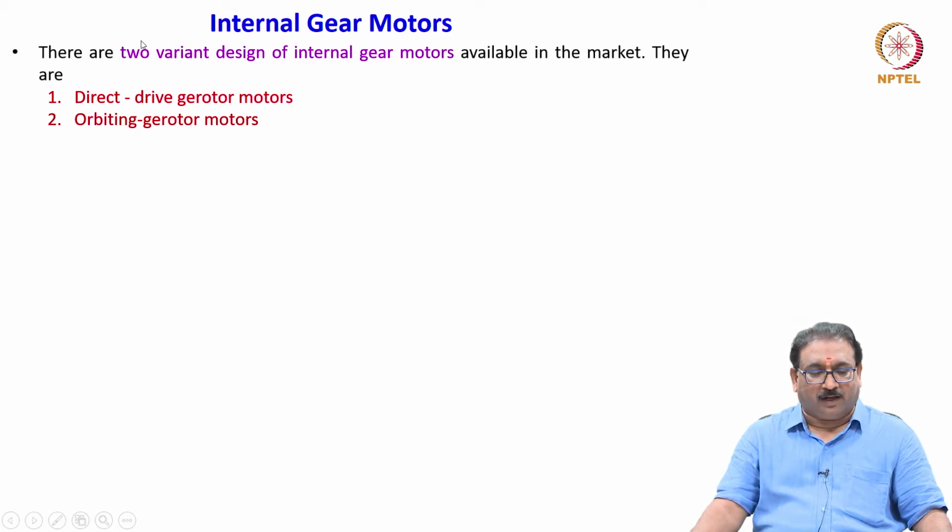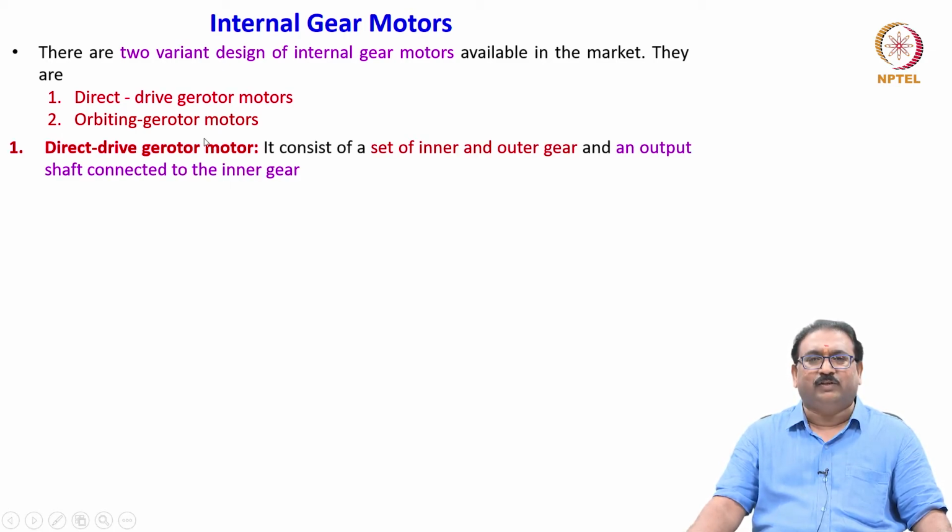Here also there are two variant designs of internal gear motors available commercially in the market. They are direct drive gerotor motors, and orbiting gerotor motors. Let us see what this gerotor is.